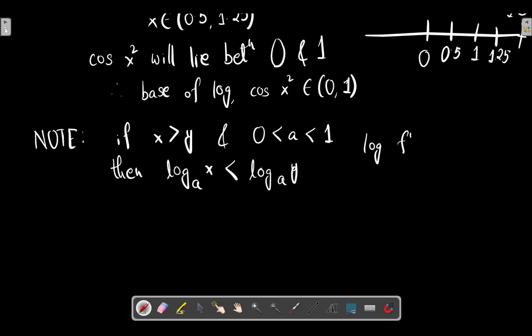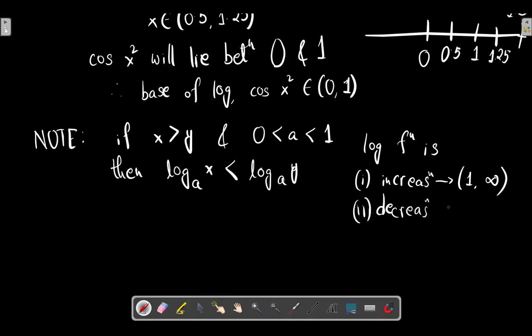Log function is increasing from 1 to infinity, and it is decreasing in this range 0 to 1, right? And before 0, log is not defined, real logarithm.